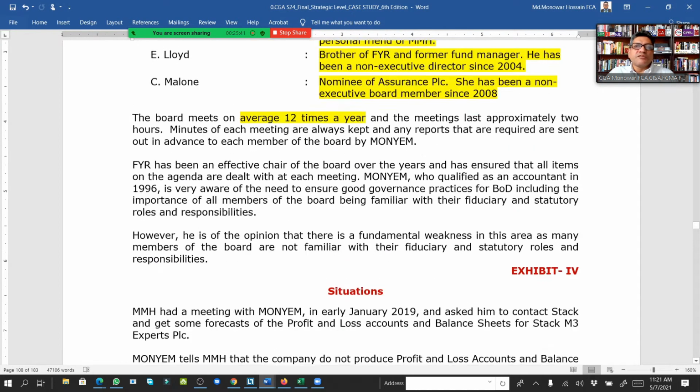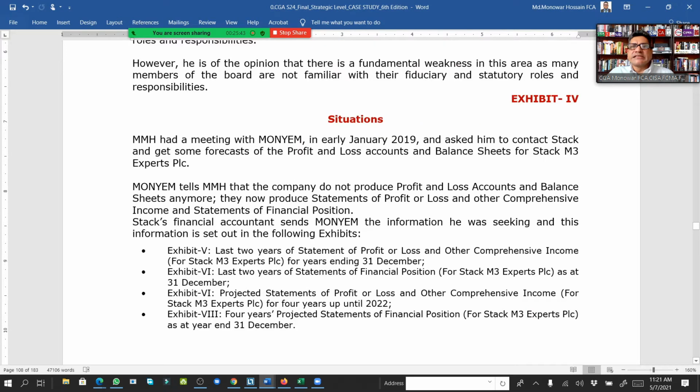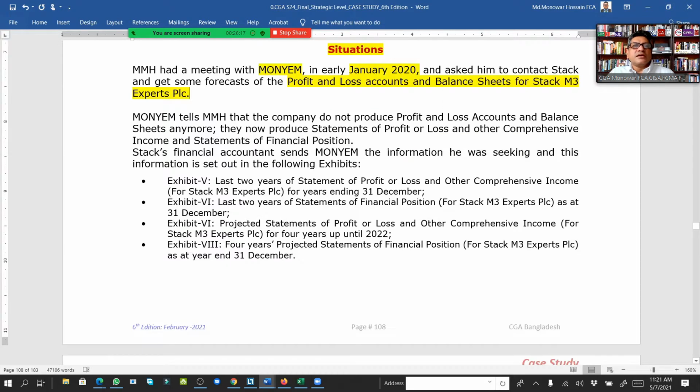So this one, Exhibit 4, says the situation. Why are we doing this here? MMS had a meeting with Munim, who is the Director of Finance, in early January, and asked him to contact another company to take the profit and loss of M3 Expert PLC.